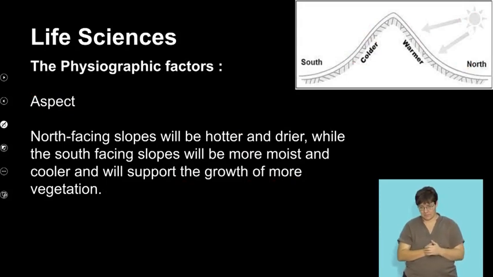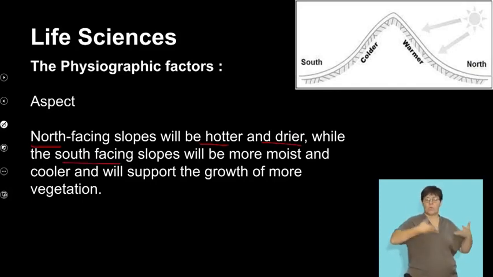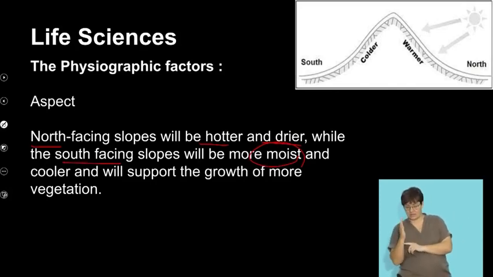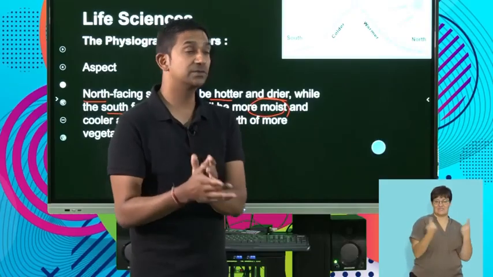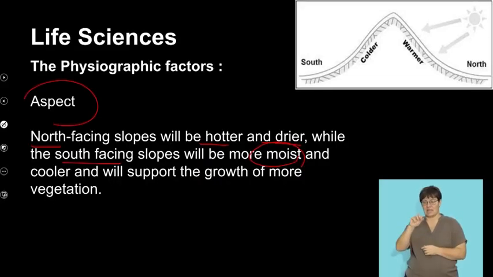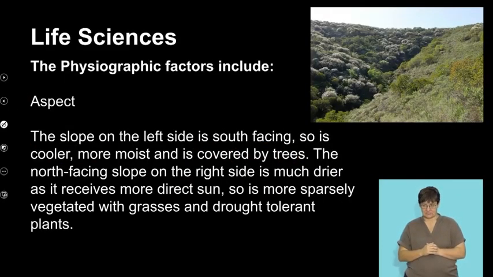So the north-facing slopes will be hotter and drier, while the south-facing slopes will be much cooler and moist. This in turn affects the growth of plants on the north sides and the south sides. That factor is called the aspect of the environment.